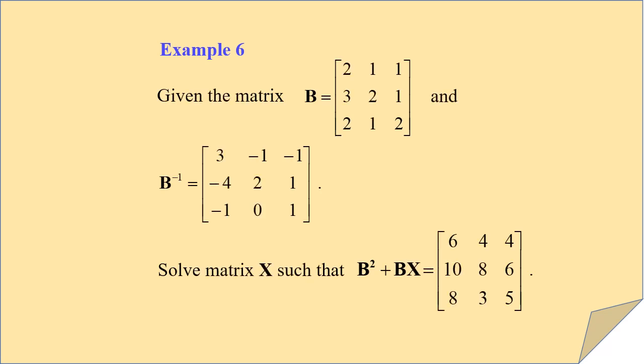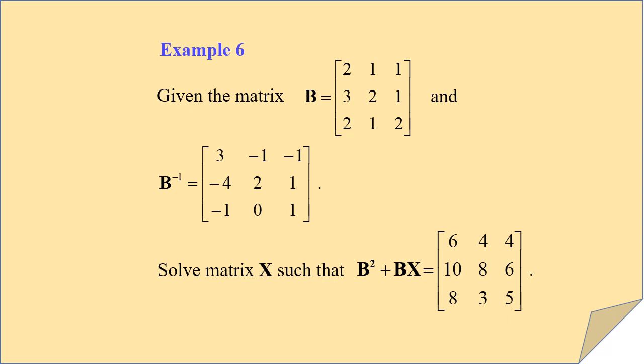Example 6. Given the matrix B and matrix B inverse, we have these two matrices. Solve for matrix X such that B squared plus BX is equal to a new 3 by 3 matrix. How do we solve this if we only know B and B inverse?